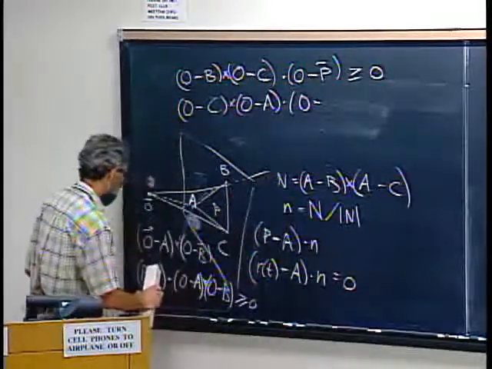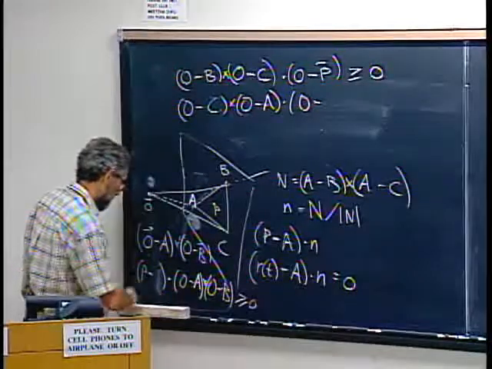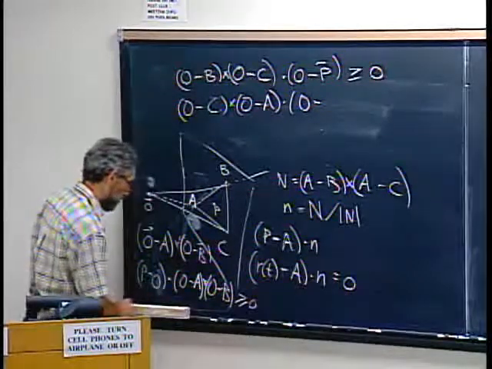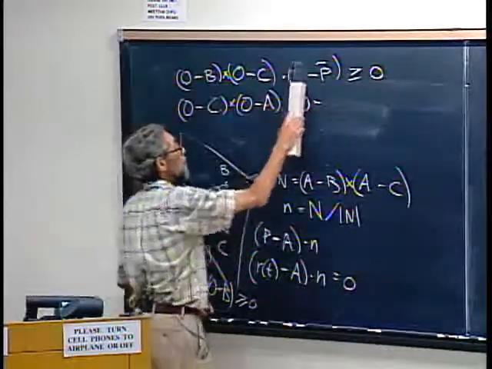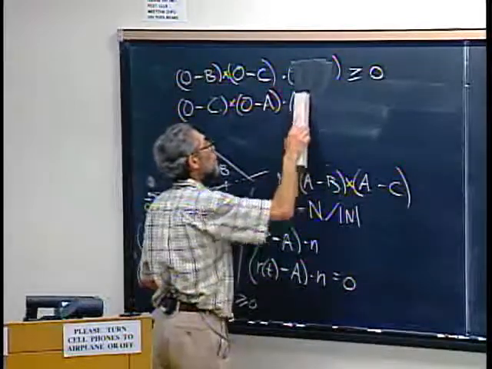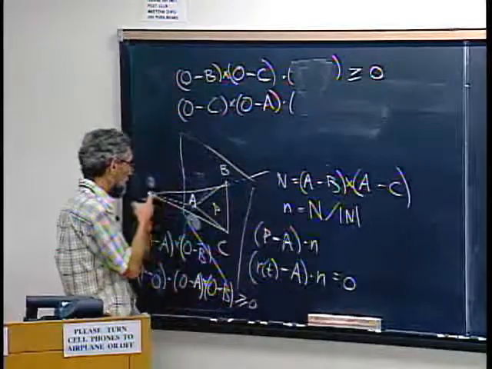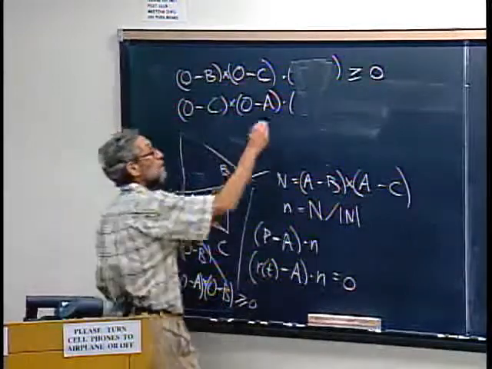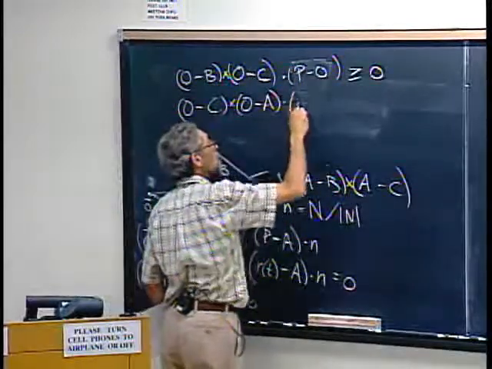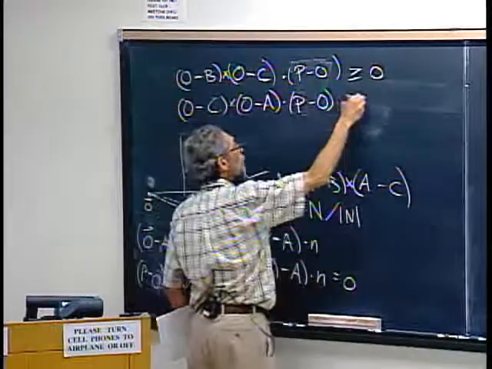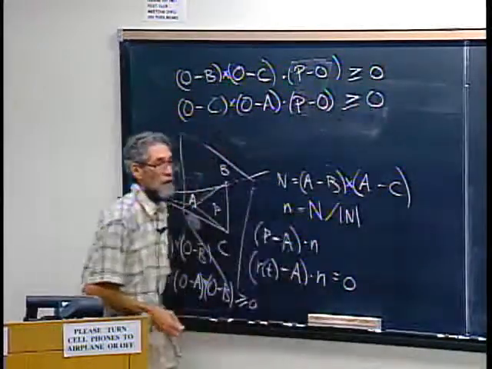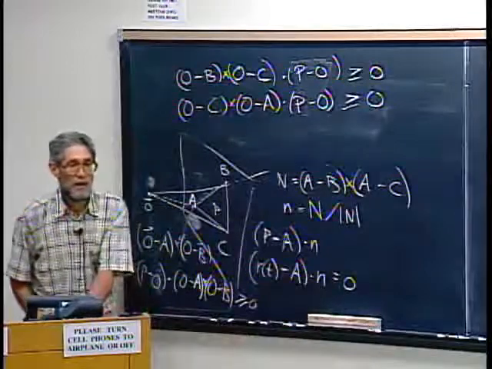It's P minus O here. The O is always on the plane, because I'm always taking one of these planes through the origin. So it's always P minus O here and P minus O here. If all these three things are greater than 0, it's inside.